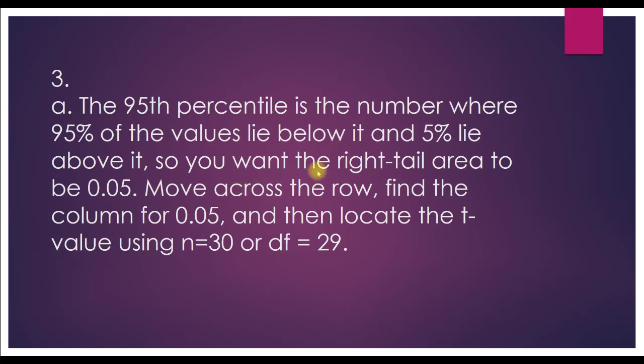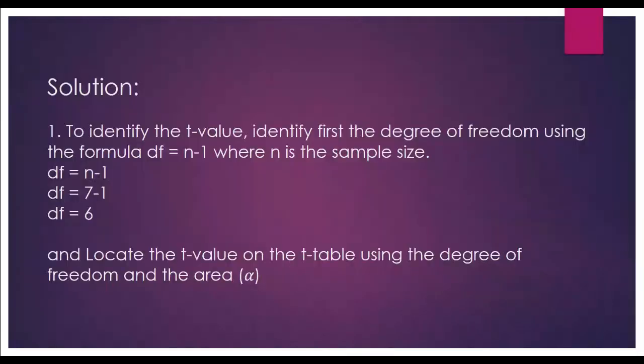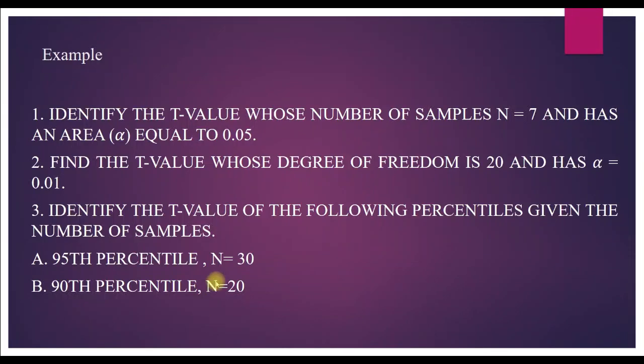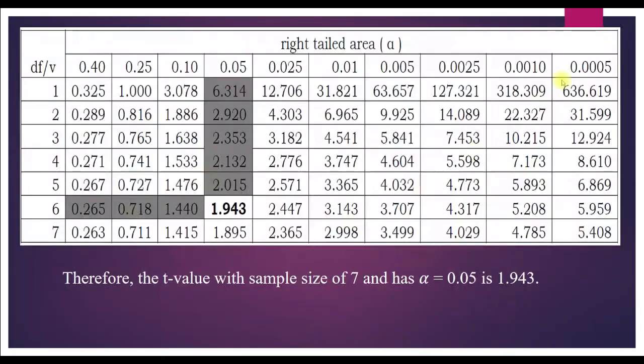So ang kukunin natin dito is yung 5% or the 0.05 na area. So move across the row, find the column for 0.05 and then locate the t-value using n is equal to 30 or the degree of freedom is equal to 29. Bakit 30 and 29 yan? Kasi doon sa given natin na sample size is 30 and then 95th percentile.